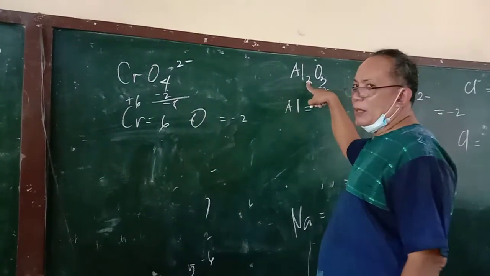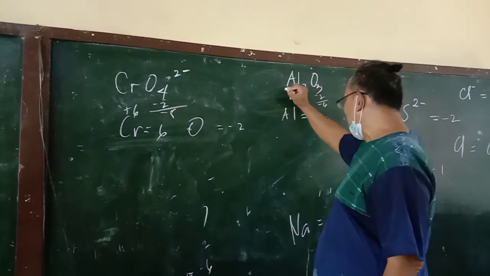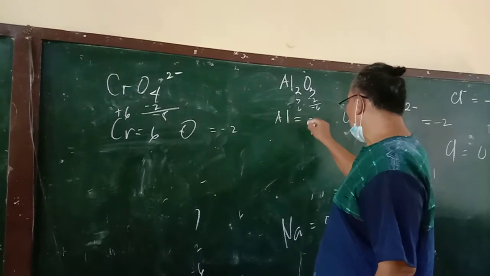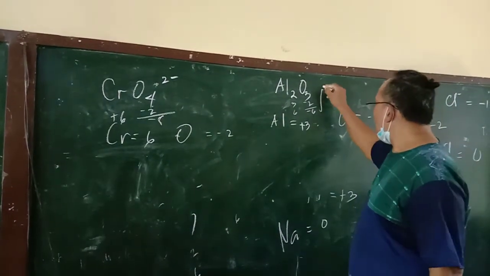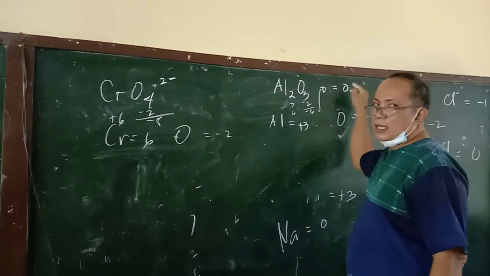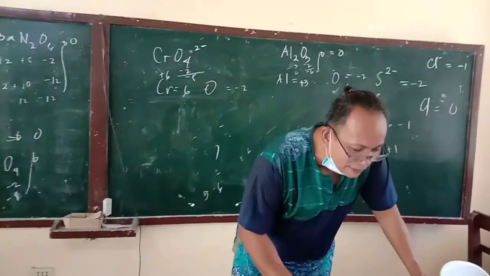So, pila man ang aluminum, i-multiply sa 2 nga mahimo siyang positive 6. So, positive 3 ang iyang oxidation number. Basta aron mahimo siyang equal to 0 ang total. So, ganun lang ang inyong gagawin.